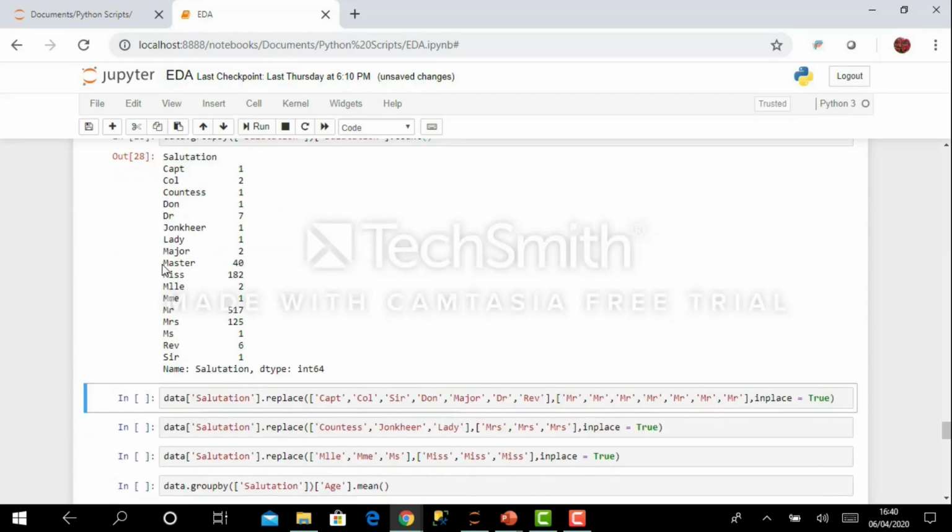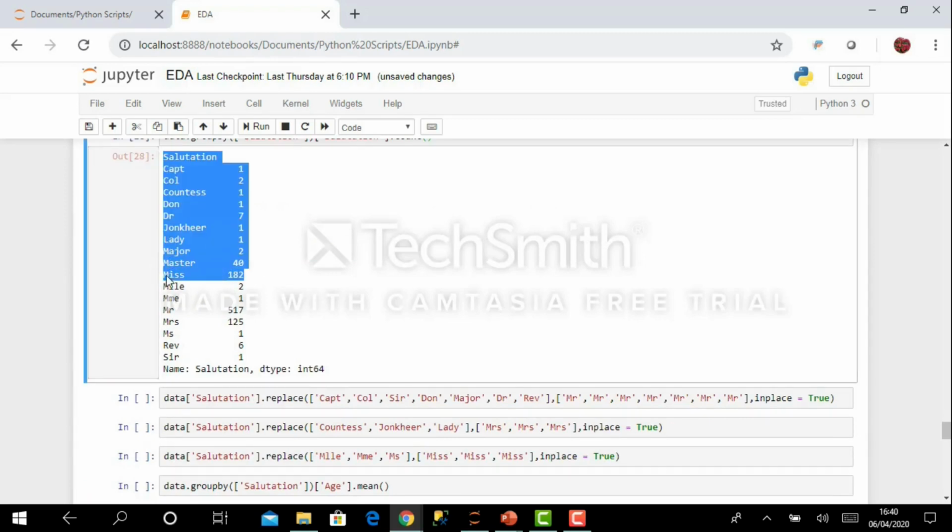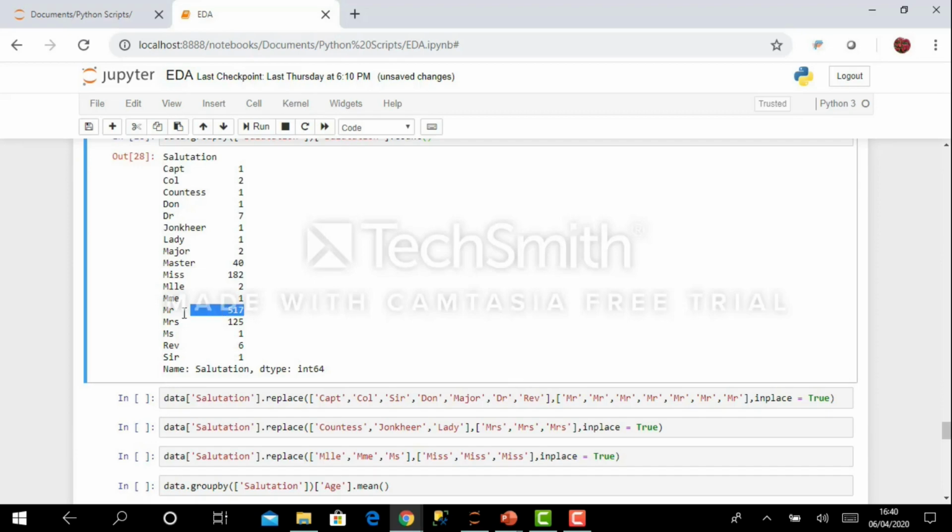Most of them are these: Master is 40, Miss 182, Mr. is 517, Mrs. is 125. But there are other salutations as well, maybe by mistake, or there was no checking of what the valid values for salutation can be. But what I can do is stick to these 4, and the rest of them I will convert.